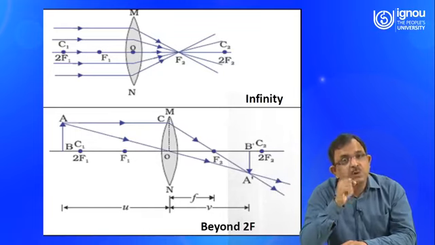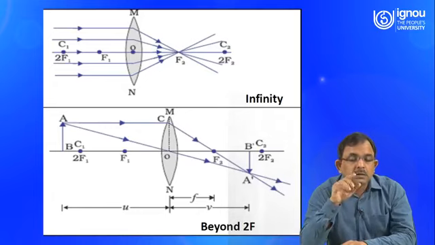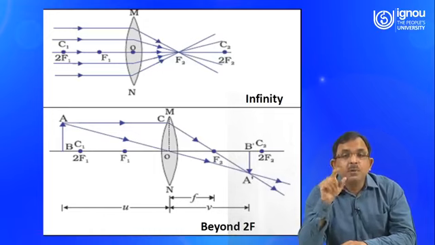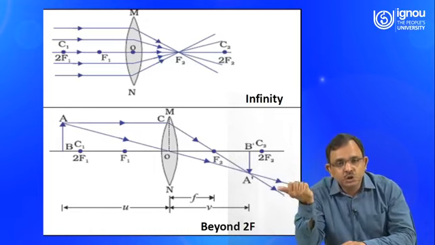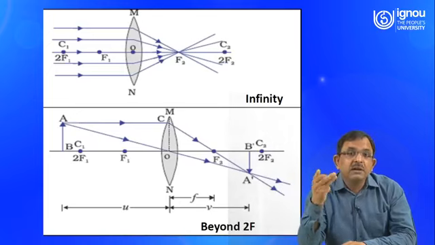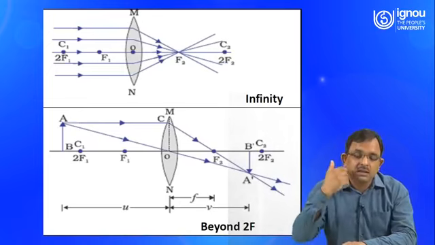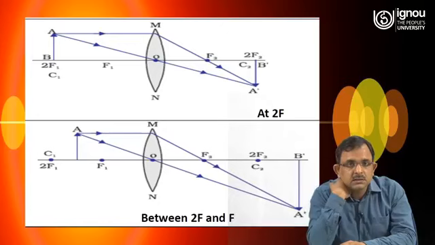So, if an object is beyond 2f, its image will be formed between f and 2f on the other side. It will be inverted and smaller in size.